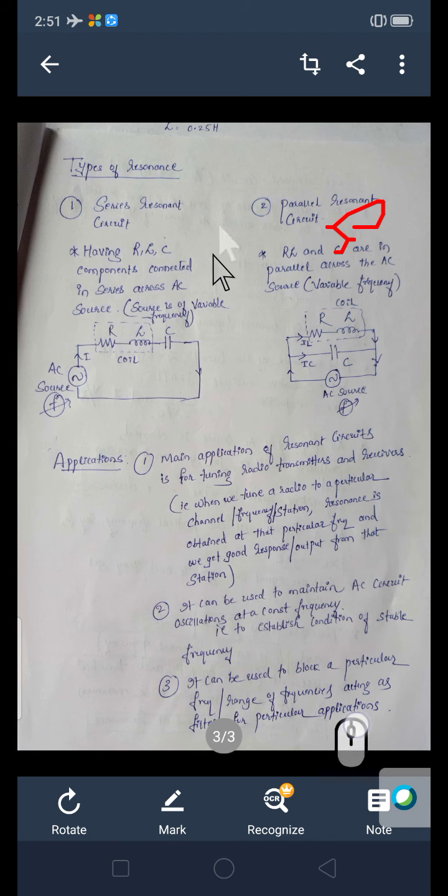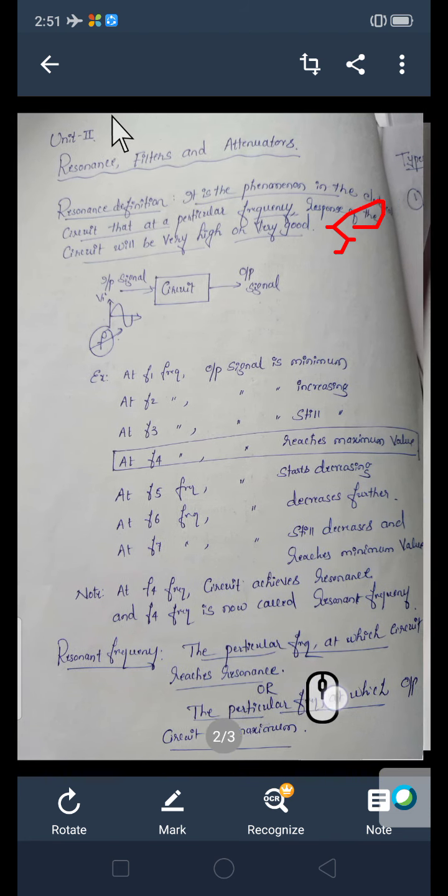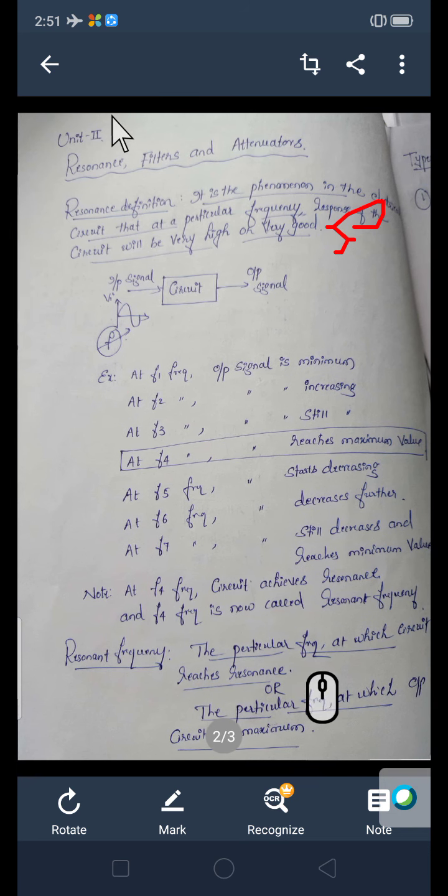So in this video, we saw the overview of the syllabus, and we came to know that there are two parts in the syllabus. One is electrical circuit, the second is analog communication. Now we have started with the electrical circuit, that is unit 2, in which you will be studying resonance, filters and attenuators.